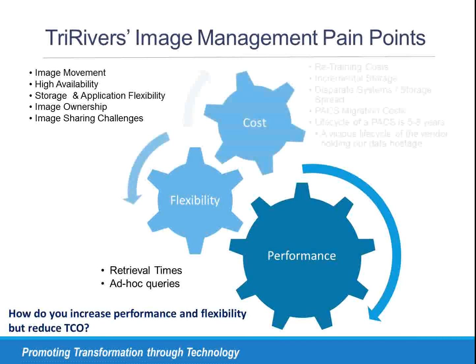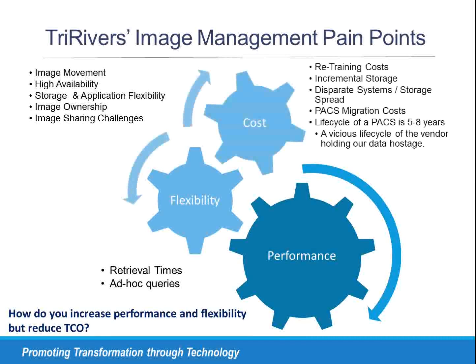So from a cost perspective, it's allowed us to increment our storage better and address the issue of disparate systems and how that storage spread happens. And our migration costs, since we went live, we're actually doing our first PACS migration from the older PACS system to a different PACS system right now, and we literally have no migration costs because we're not moving anything out of the archive.